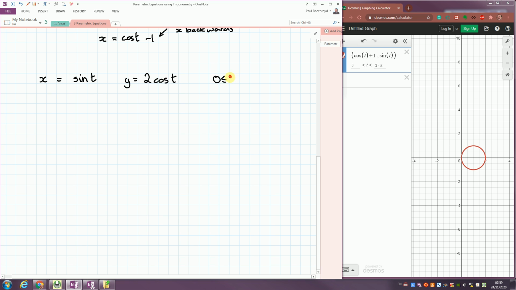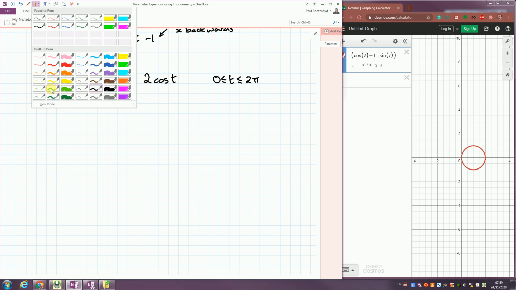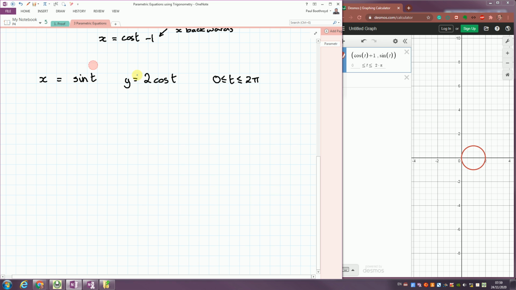Again, we're going to say that t is in the range of 0 to 2 pi. And I'm going to do a little bit of an odd thing first. I'm just going to find the domain and range. So the domain is when we find out when x is maximum.